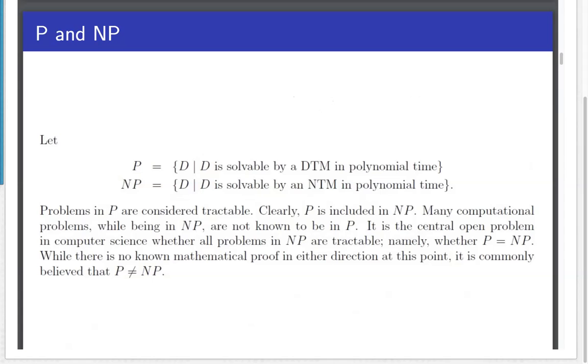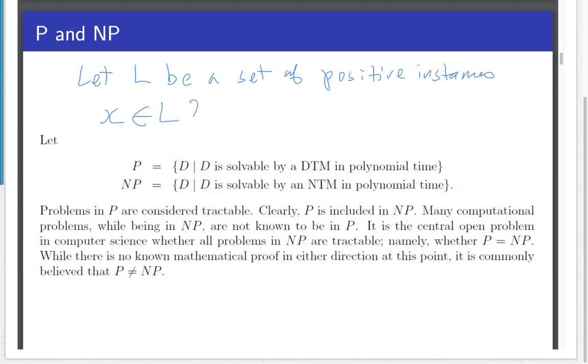Normally, let L be a set of, usually we call them, the positive instances. Then you are given any instance X, and I want to know whether X is positive or negative. In other words, I want to know whether X is in L. This is called a decision problem.